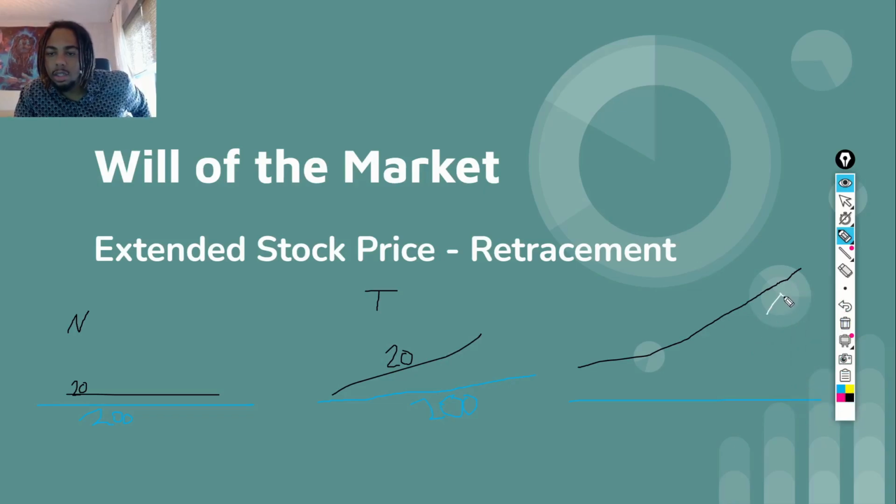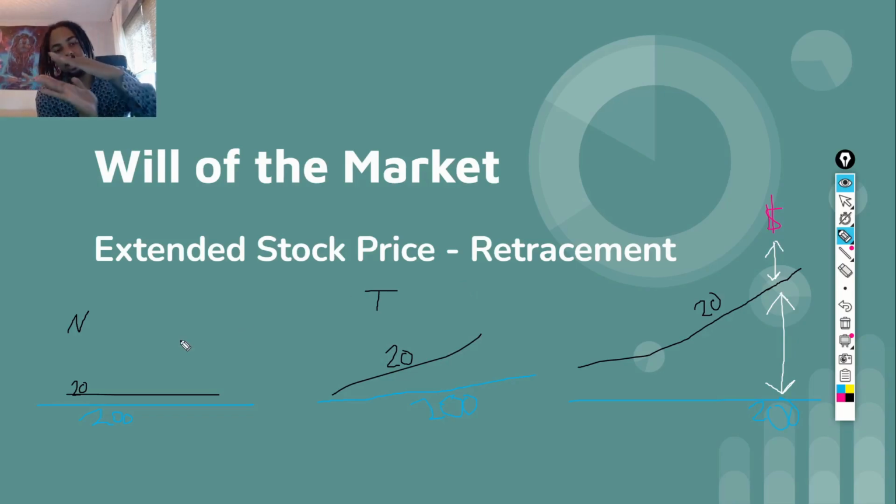Because the 200 moving average and the 20 have this huge gap in between them, and then most of the time the price itself will also be up here, giving you another extended portion from the actual stock and the 200s, right?